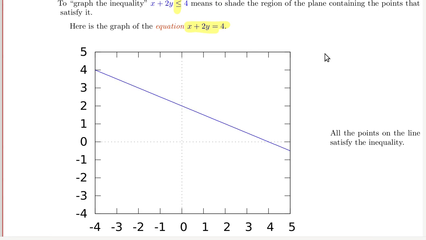If the line is where x plus 2y equals 4, then it's pretty intuitive that one side or the other of this line is going to be the region where x plus 2y is less than 4, and the other one is going to be the region where x plus 2y is greater than 4. So we want to figure out which is which and shade the one that we want.